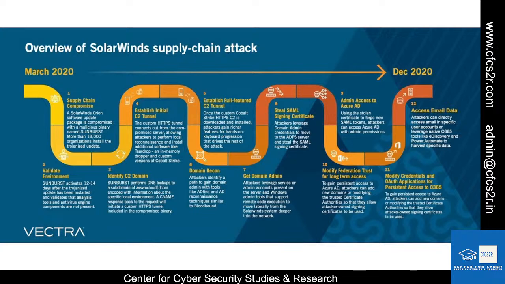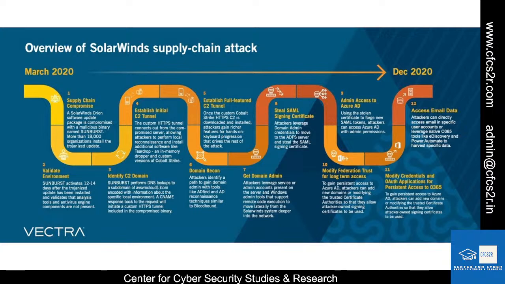Then they took admin access and modified the federation trust for long-term access. Step 10 is for persistent access, and then they stole a lot of data.